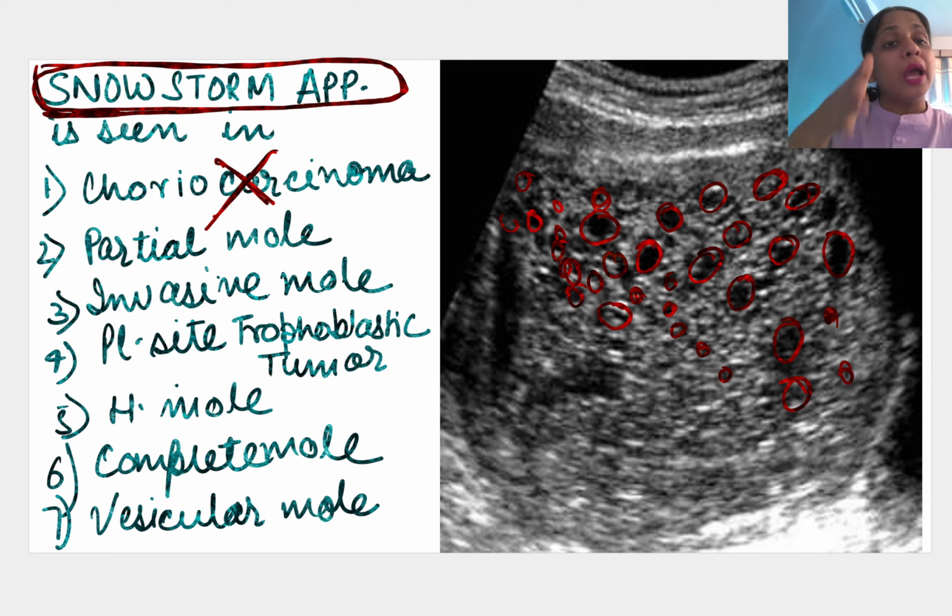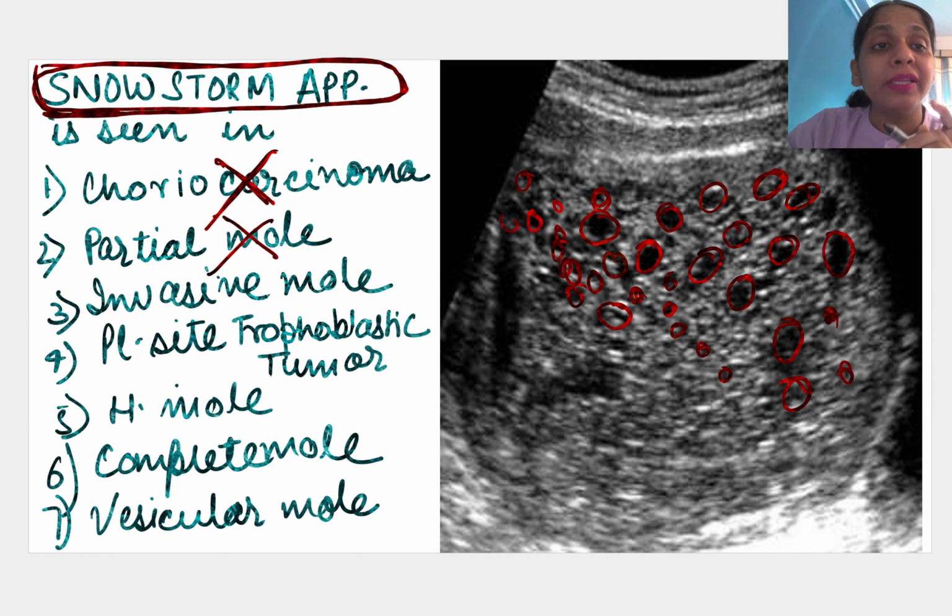In partial mole, in half of the uterus there is the fetus, and in the other half there are hydropic villi. So you are not going to mark partial mole as having snowstorm appearance.